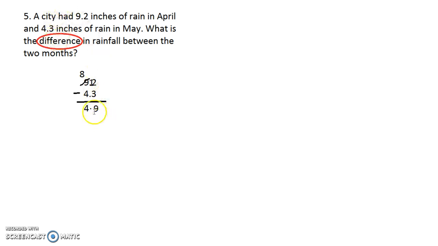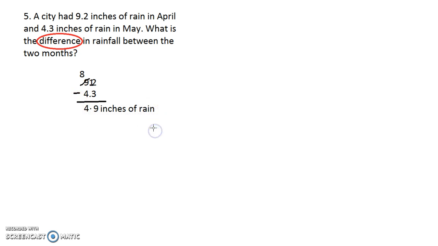And is that my answer, 4.9? Close. And you'll probably get credit if you put that, but you got to make sure you're talking about what units we're talking about. So 4.9 inches. So what's the difference in rainfall between the 2 months? 4.9 inches. I guess you could even say inches of rain. All right, that was number 5.